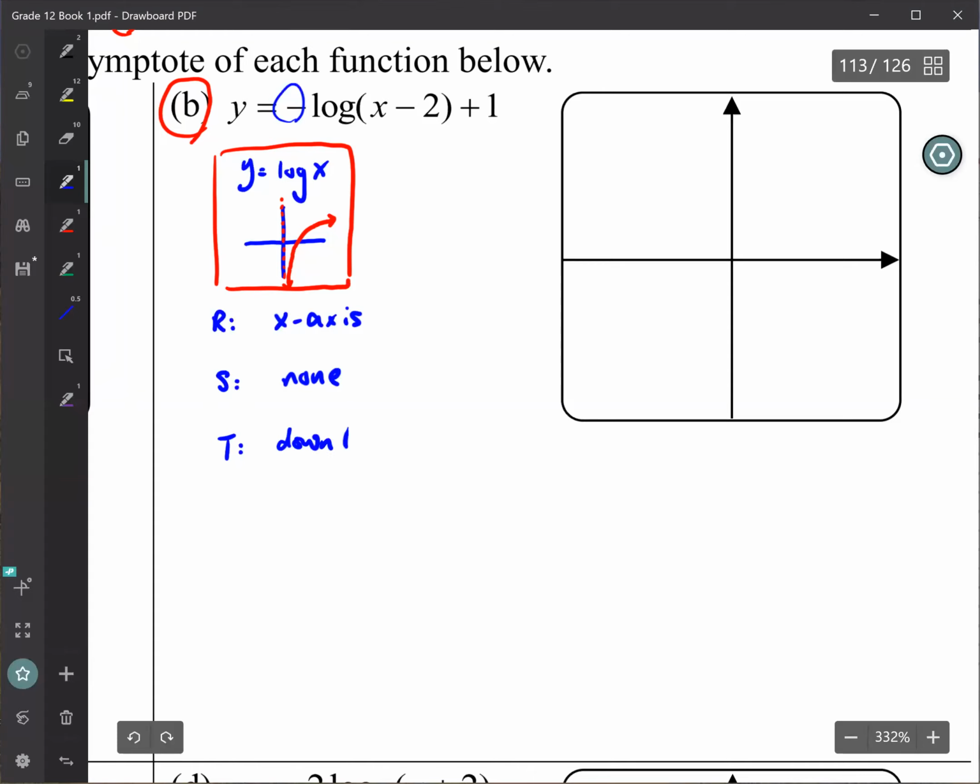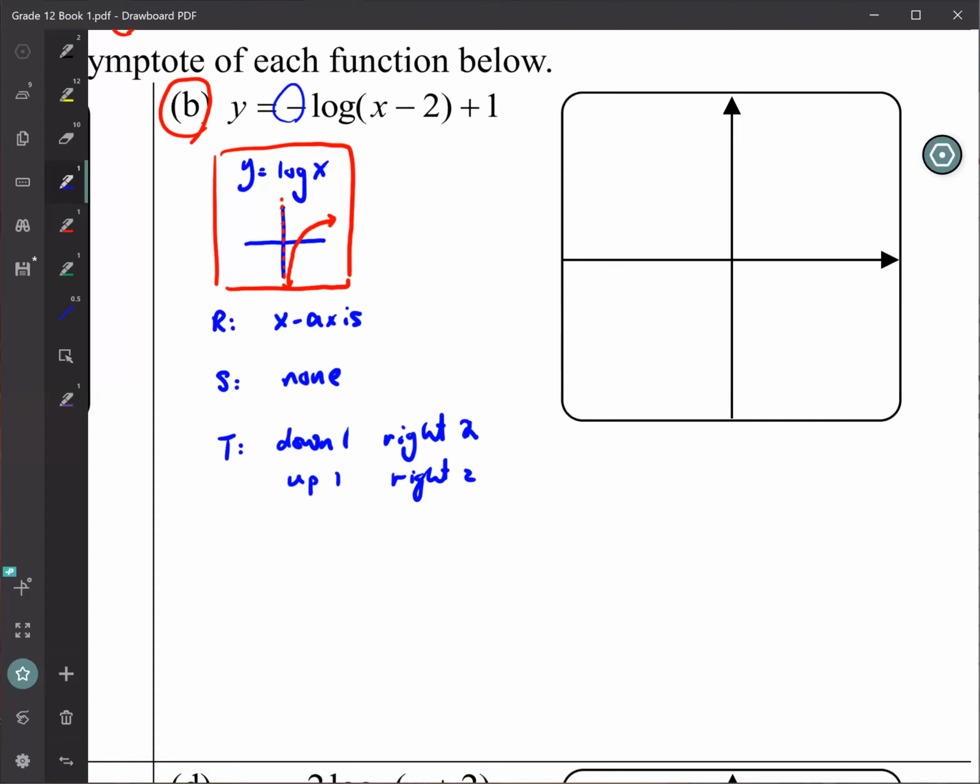Down 1, right 2. Anyone got different? E-Ray, what do you have? Up 1 and right 2. Up 1, right 2. You said right 2, yeah. Okay, so is it down or up?